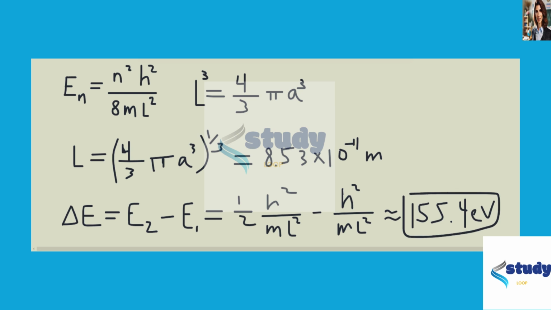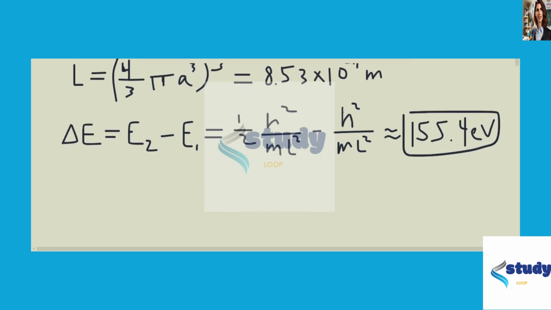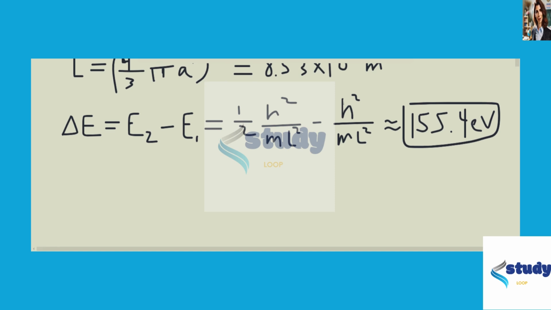Next, we find the difference in energy levels using the Bohr's model. Bohr's model for the hydrogen atom gives energy levels equal to negative 13.6 electron volts divided by the energy level squared. So for Bohr's model, delta E prime is equal to, again, E sub 2 minus E sub 1. The energy states in the model are negative 13.6 electron volts, which is the ground state, divided by the energy level squared.